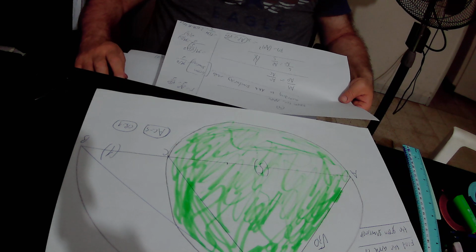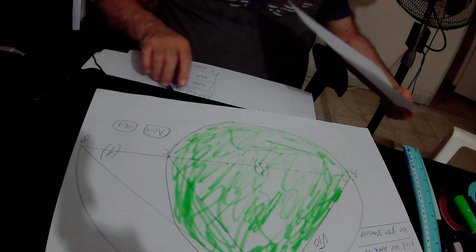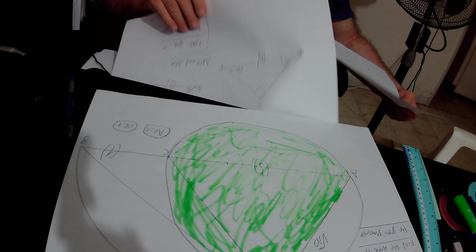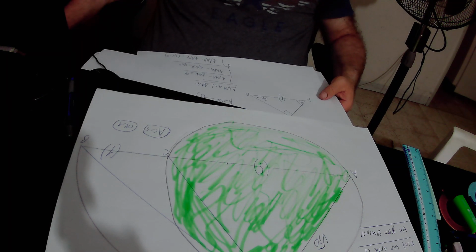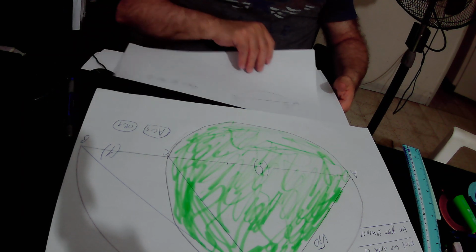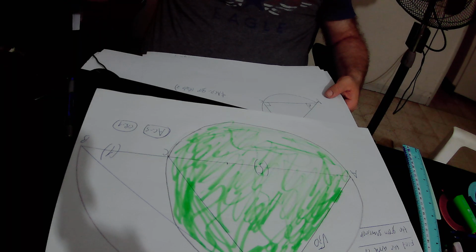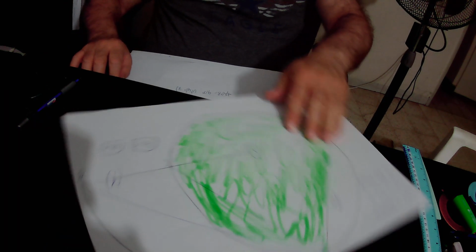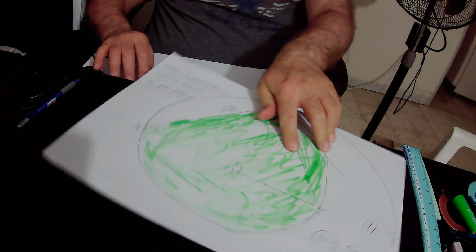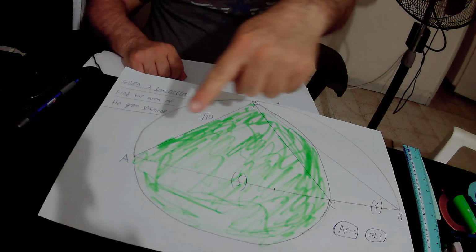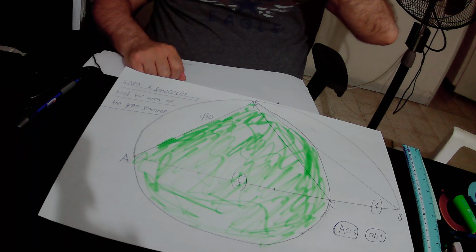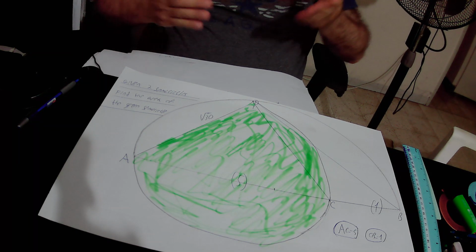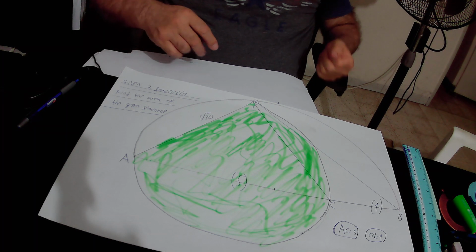Okay, so in the next step, I'll summarize the lecture. In this lecture, we found out the area of this green semicircle. So in the drawing, we have two semicircles.